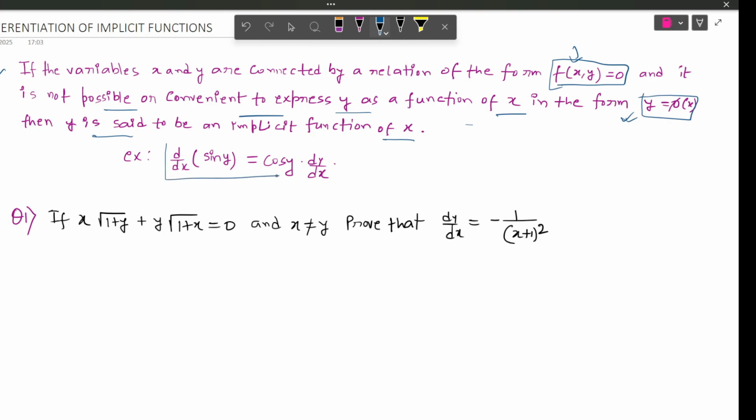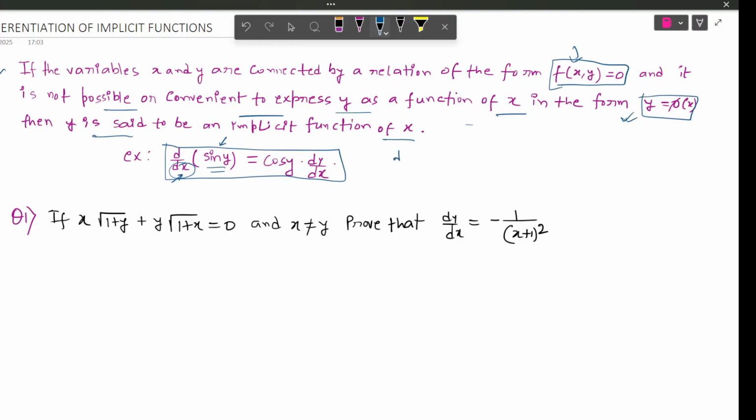Now, if we see a simple example, we want the derivative of sine of y with respect to x. Here the function is of y, but we are differentiating with respect to x. This type of question or format is known as implicit function.